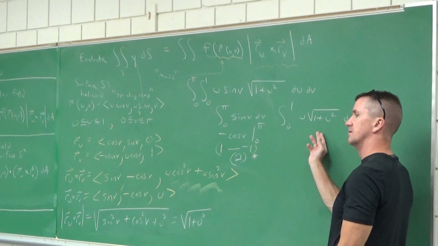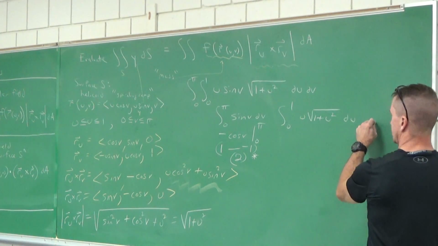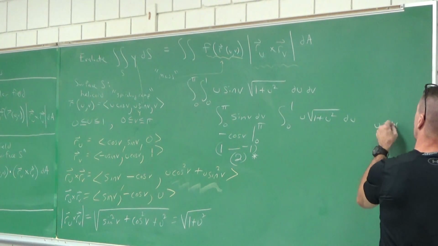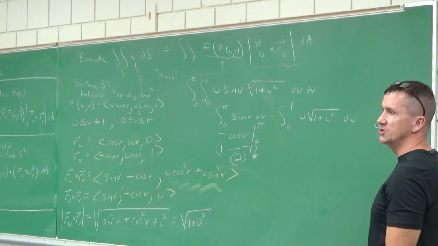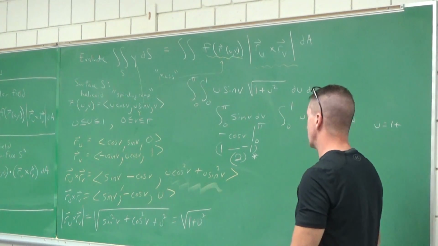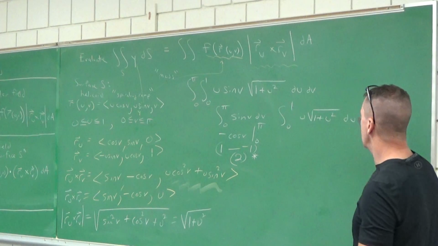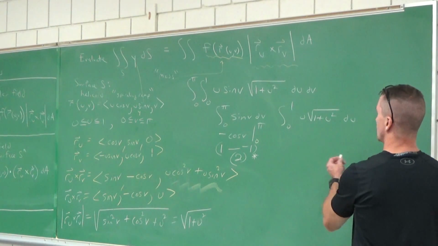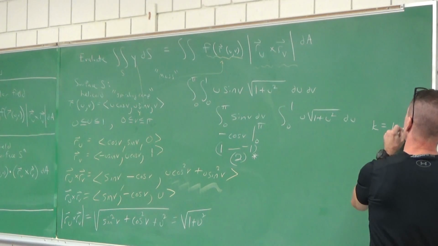How do you do that integral? U sub, moving off to the side. Here's u equals 1 plus... Now, and this is weird, I'm going to do a u sub, but it already had a u, so let's make up another letter. You want to call it a k sub, a t sub, or something? I'll do a k sub. Let k equal 1 plus u squared.